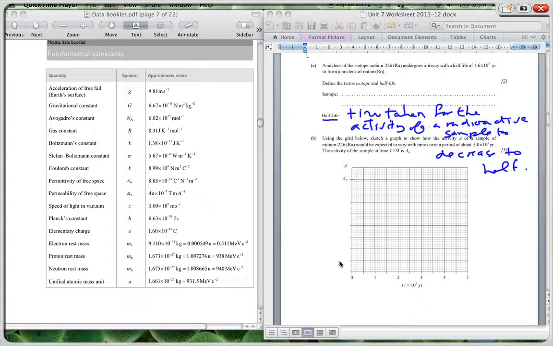That's one way of doing it. So you're looking at the time taken for the activity of the radioactive sample to decrease to half its original value. You can also view it in terms of the number of radioactive nuclei. It's the time taken for the number of radioactive nuclei in a sample to decrease by a half.